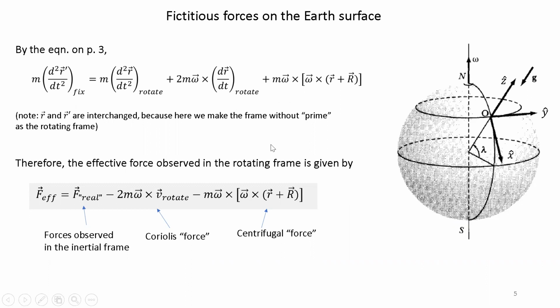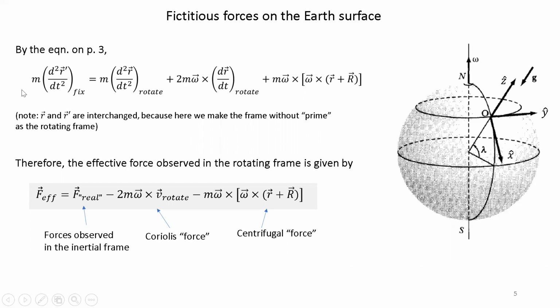I'll talk about how to substitute the capital R and the omega later, but here I'll just write out the form of the force. In this equation, I'm going to keep just the ma term on the right hand side, and move these two terms to the left hand side.